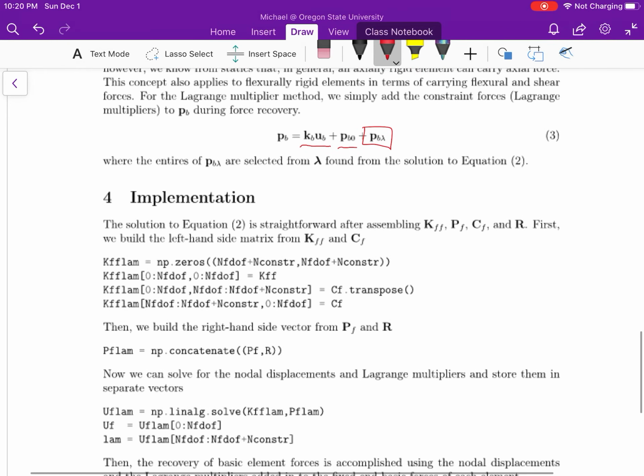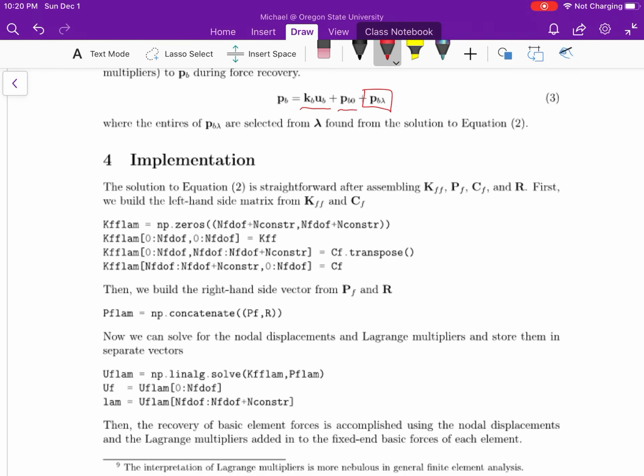At the high level, solving equation 2 is straightforward after we've assembled all of these objects. Again, this should be PF tilde. We just create a large left-hand side matrix, call it KFF lam, that's partitioned based on the number of unconstrained degrees of freedom and the number of constraint equations.